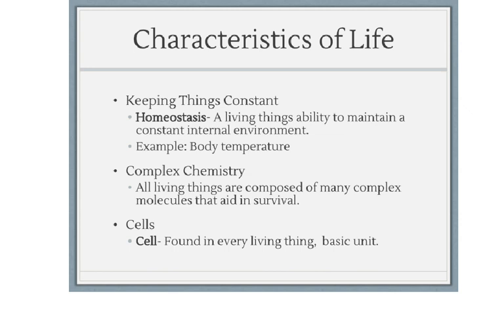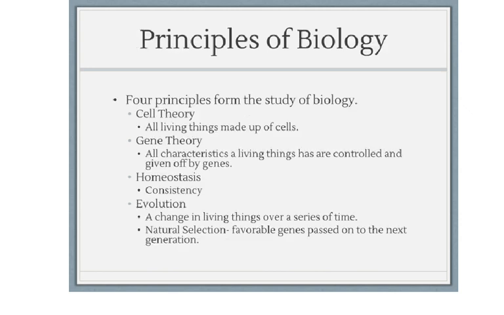So we were just talking about the six characteristics that classify an organism as living or not. Now we're going to turn our focus to the unifying principles of biology. These are principles that form the backbone of biology.